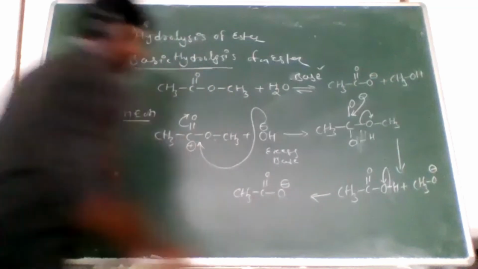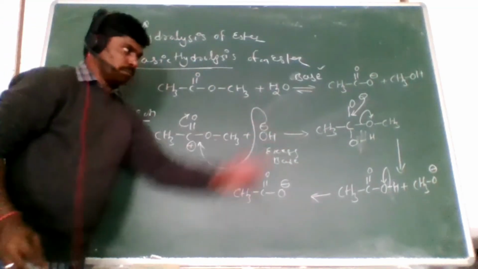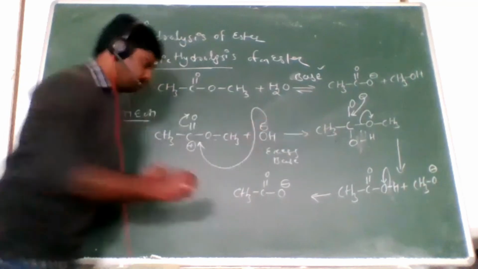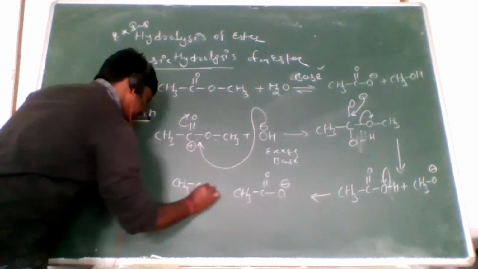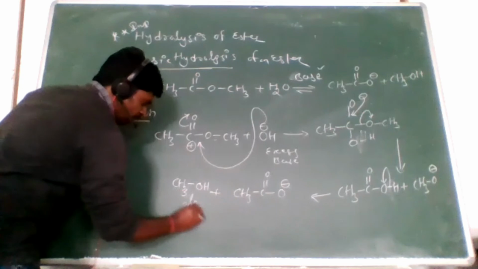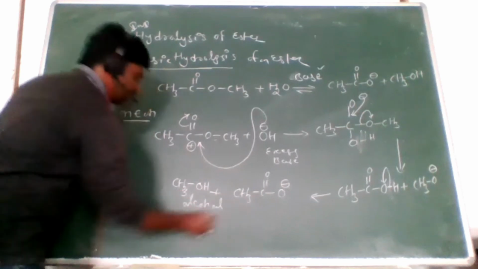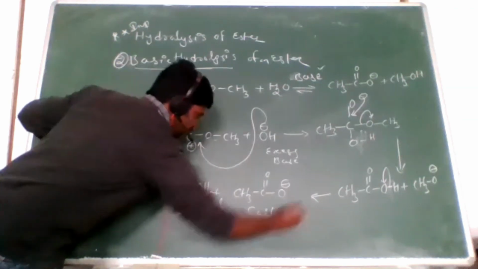Since the carboxylic acid is acidic in nature, it releases the H plus ion, and that H plus ion bonds with CH3O minus. CH3O minus forms the alcohol, CH3OH. So finally we get the alcohol, and this is the carboxylate ion.